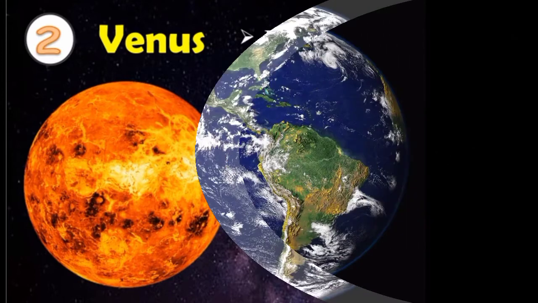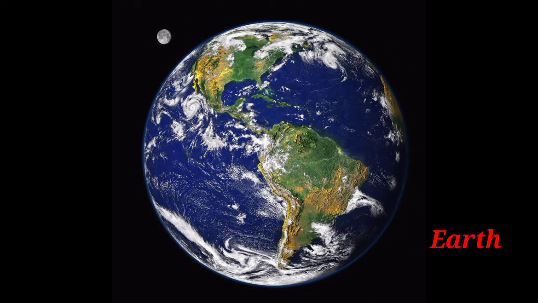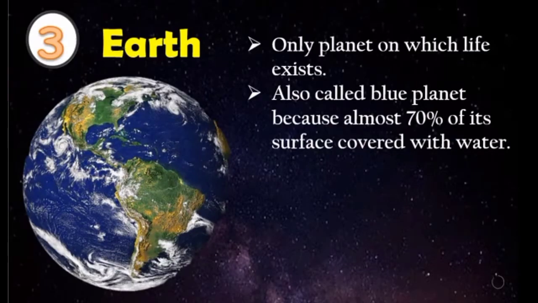Okay, students? Next is Earth. Our Earth. Okay? It is the only planet on which life exists, and it is also called the blue planet because almost 70% of its surface is covered with water.